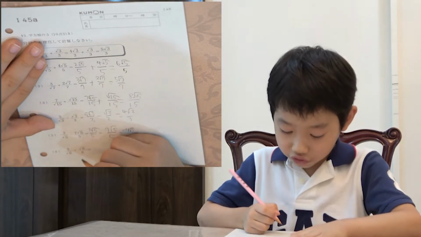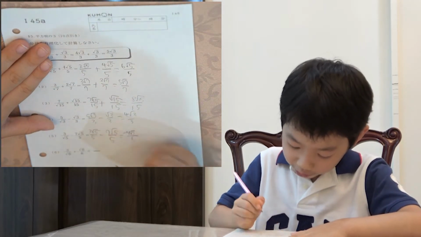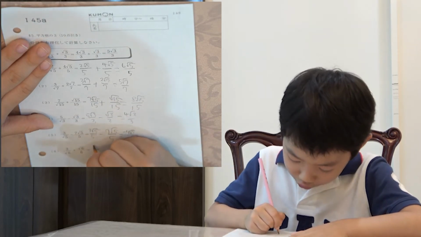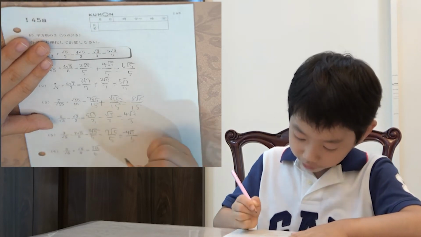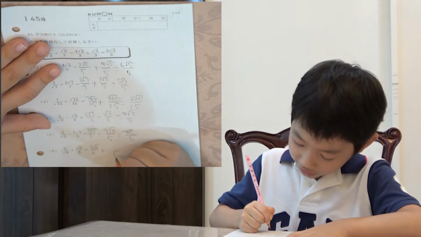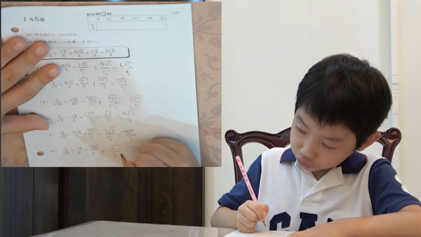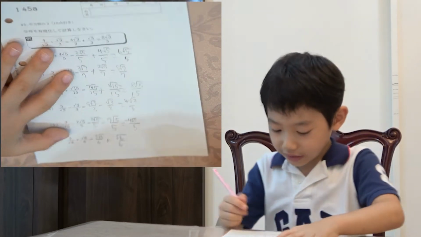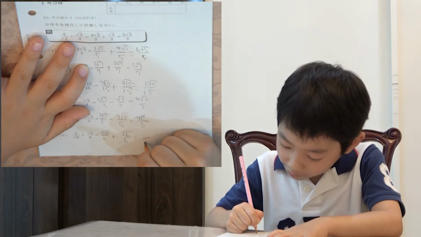And once I do this, it will be like 6. It will be 3 square root of 6 plus 6 square root of 6. So like this, it's just easy. It becomes this.